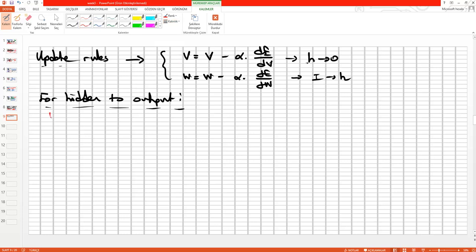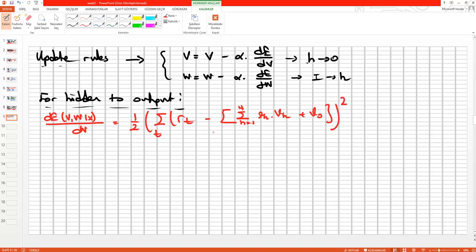We should take some specific derivative of these terms, like this one. And dE/dv is equal to what? 1 divided by 2, and all the data is coming here, the sum of r^t minus y^t, where the output is the sum over h from 1 to H of v_h times z_h plus v_0. This is the bias value in here.